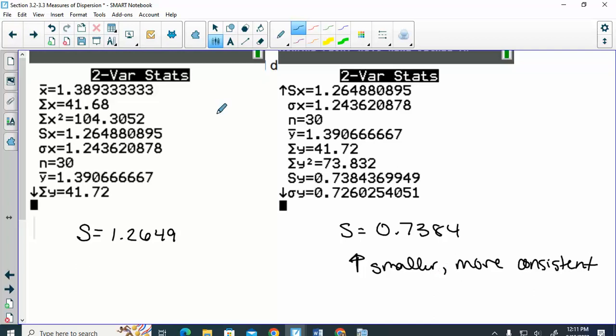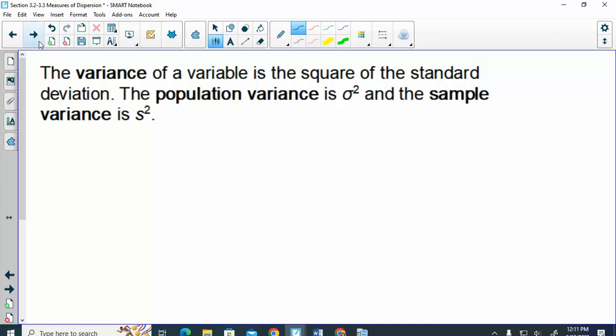I'm almost ready to stop for today, I think. The next thing I have is variance. So variance is the square of the standard deviation. So I think, is this on your formula sheet?